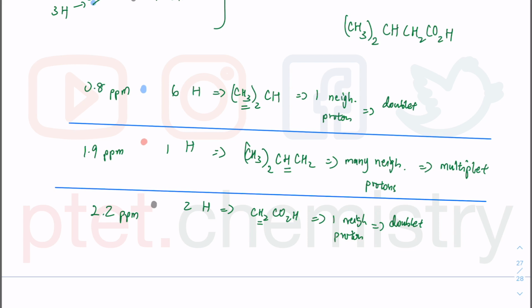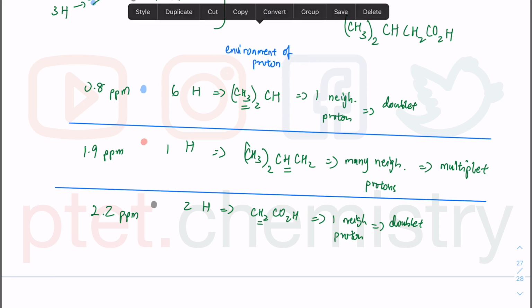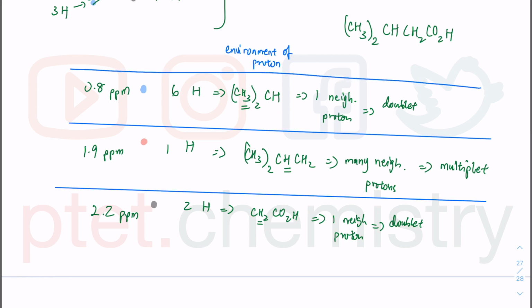So the environment of the proton is going to be this one. So this is where you are. Environment of the proton. You can obviously copy paste from the data booklet based on the description that I give you. The splitting pattern there is going to be the doublet or the multiplet or the doublet splitting pattern.